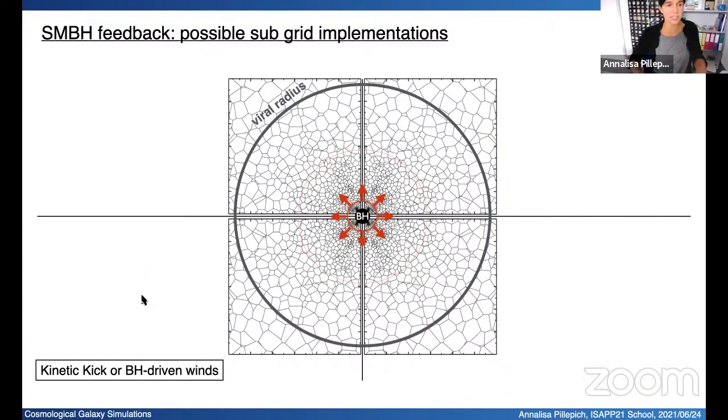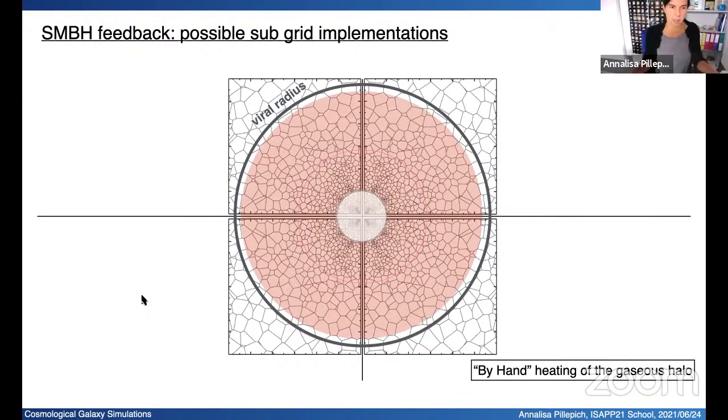Or you just say, I really don't know, you're totally agnostic, but the only thing I need to do to stop star formation at the center of massive galaxies is to reduce the cooling of the gas that could be transformed into stars. How do you do it? You heat the gas. And you heat the gas reservoir all around the supermassive black hole or around the galaxy.